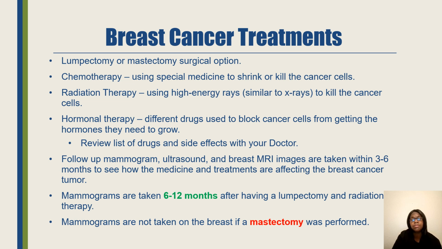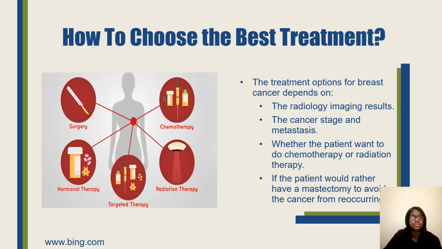You want to follow up on your mammograms, ultrasound, and breast MRI images within at least 3 to 6 months just to see how the medicine and treatments are affecting the breast cancer tumor, seeing if it's working, is the tumor shrinking, if you need to go a longer amount of time with the chemo medicine, or how soon you need to start radiation therapy, if you just need the mastectomy, or if you can get the lumpectomy. So these are different treatments.